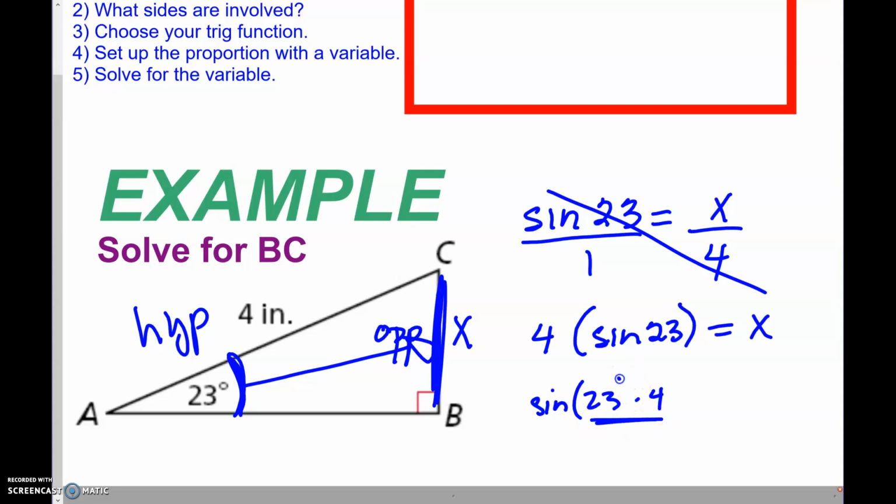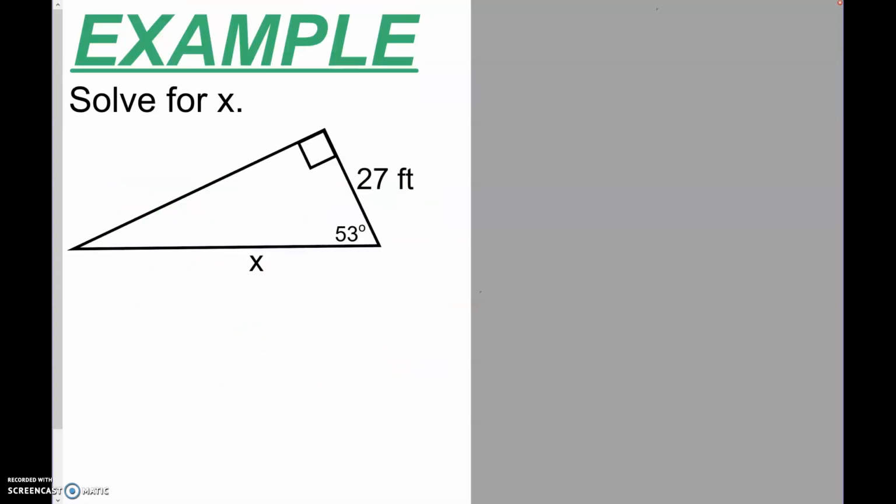So make sure that you put a parenthesis after this and then times 4. That's why I have a tendency to put that number in front first. So I'm going to hit 4 sine 23, and I got X to be equal to 1.56. If we're going to round to the tenth, we would say 1.6. Okay, so what did I know? Opposite over hypotenuse.